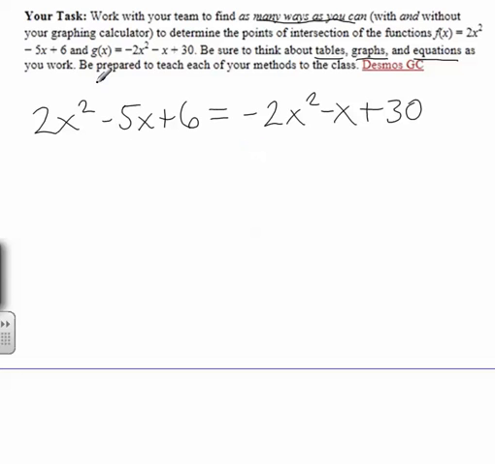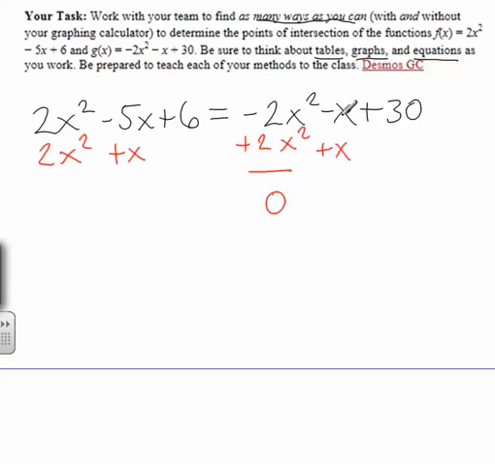Either way, I need to put this in standard form such that all the terms are on one side and it all equals 0. So I'm going to start by adding 2x squared to both sides. I'm also going to add 1x to each side because I'm trying to make all of this equal 0.